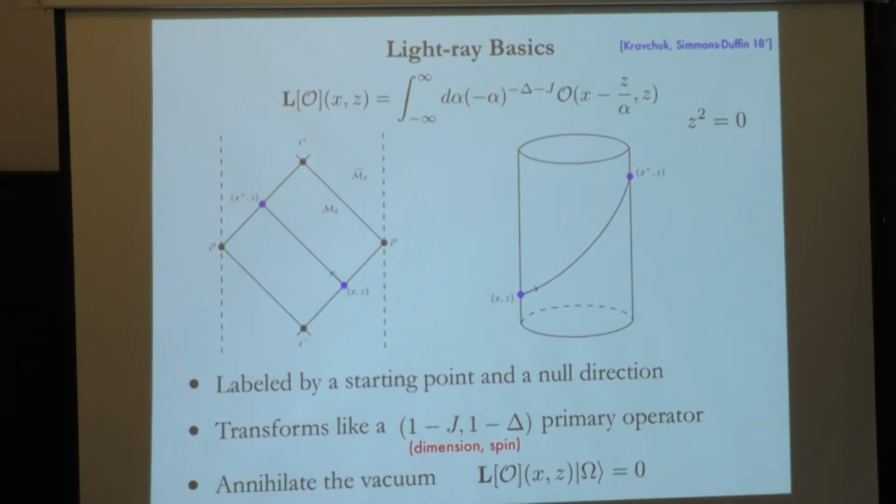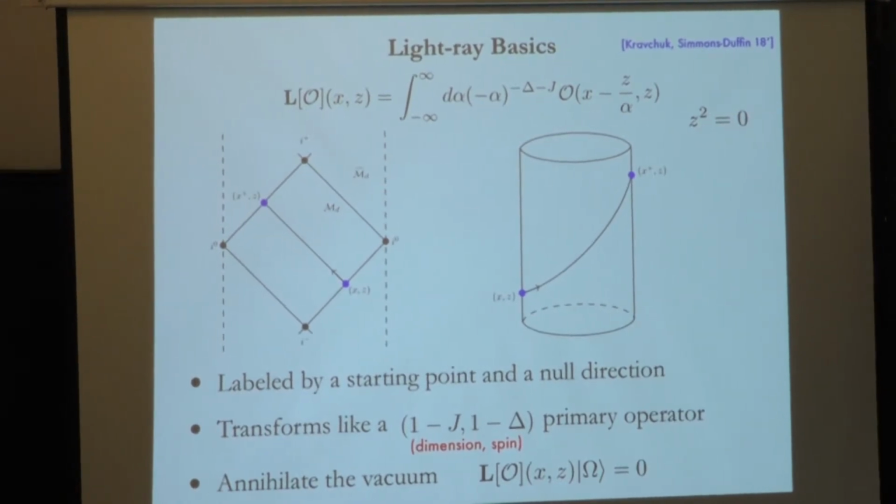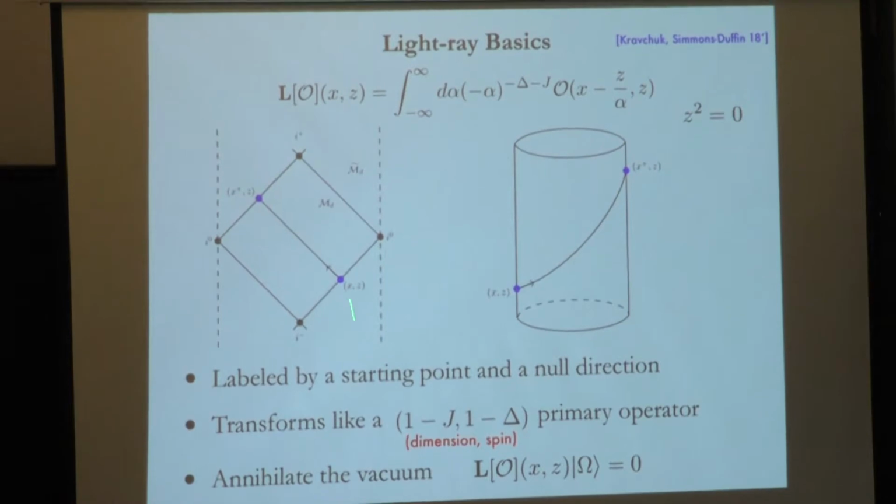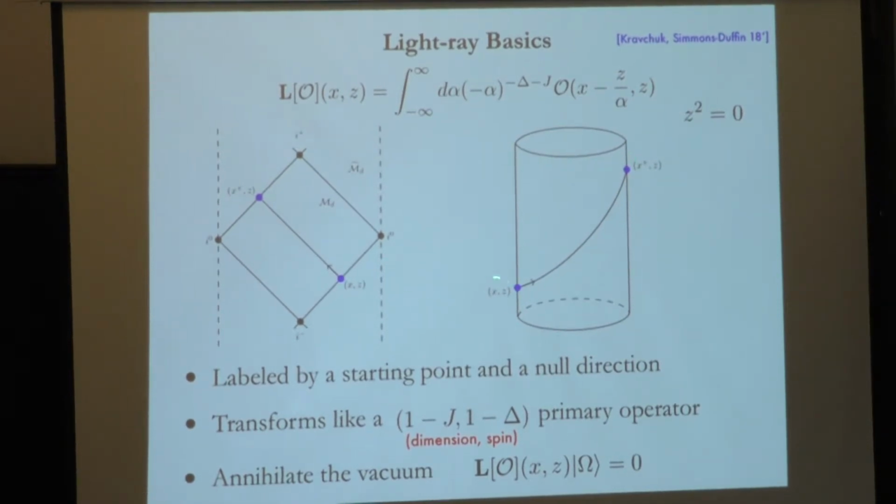But as is well known, you can take conformal field theories and continue them to the cylinder. And then on the cylinder, it looks like a geodesic that goes around once. So in this picture, it is clear that the light ray operator is labeled by a starting point and a direction where it goes. So it's a null direction and the end point.